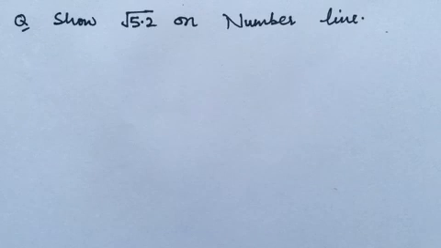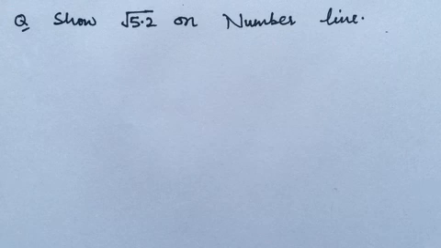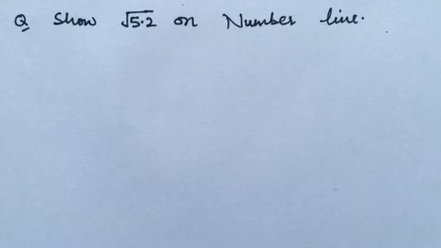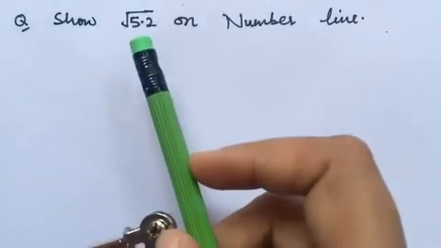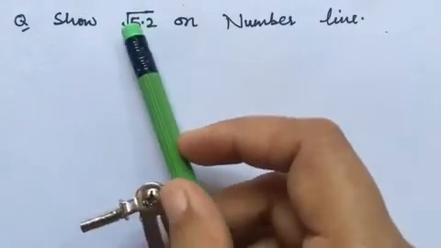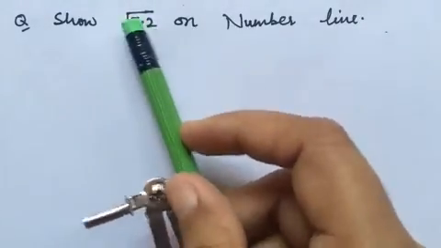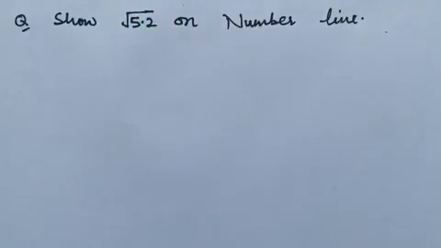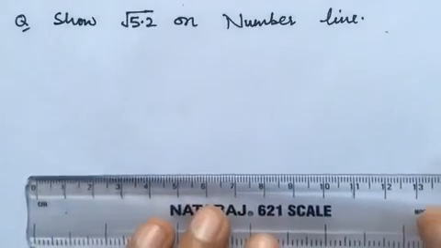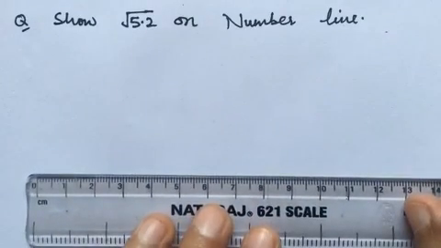We have already shown root 2, root 3, root 4 and similar numbers on the number line. Now the matter is how to show the square root of 5.2, a decimal expansion. How will we show it? I'll show you. First of all, again draw a line.